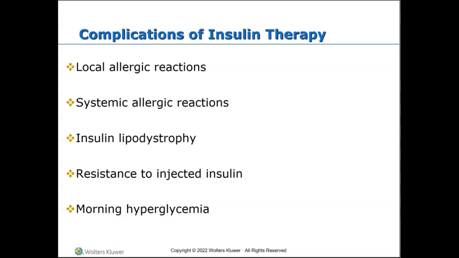Okay, so complications of insulin therapy. Obviously, you could be allergic to anything, right? And patients, again, can develop an allergy at any time. Happens all the time with all meds. They can get systemic allergic reactions, right? They can develop resistance to the insulin that we're putting in the body. And then they can also get what's called morning hyperglycemia.